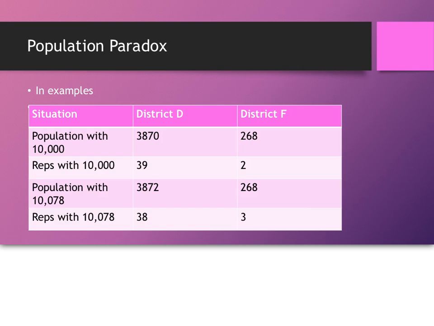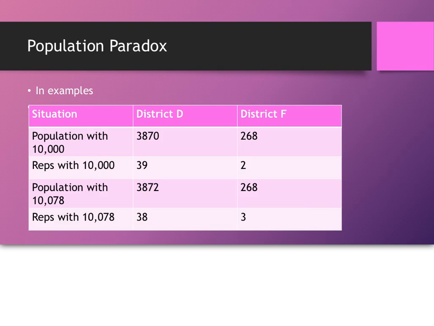So it's a little bit troubling. In fact, this is something that's known as the population paradox. That as population changes through the overall example, sometimes funny things like this can happen between two districts. They can swap a representative while in reality the population of one district is increasing and the other one's staying the same. Or in reality, maybe District D increased more than District F.